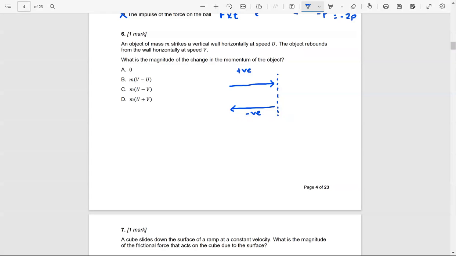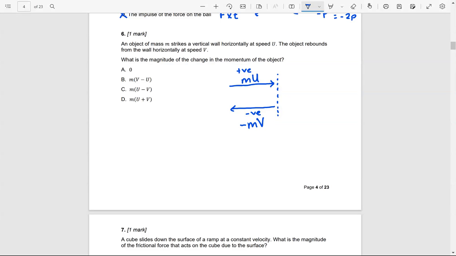Could go the other way if we wanted. So it moves towards the wall with momentum mu, and it moves away with negative mv, because the speed is v, but momentum is velocity, so it has to have the sign.